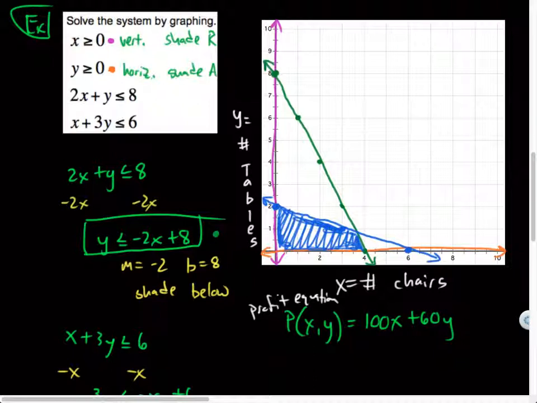Now, question, do you think it would be a point like 1, 1? No. Why not? Just thinking out loud. Or would you have thought it would be a point like here or here? If I'm looking for a point that's going to give me the maximum value for this, it's probably not going to occur in the middle of the set, right?